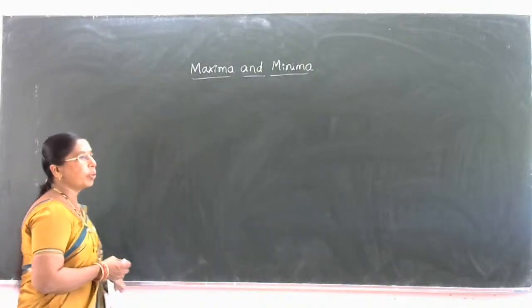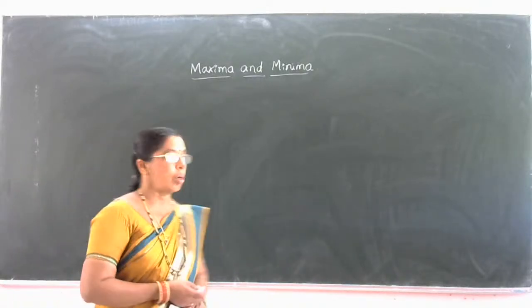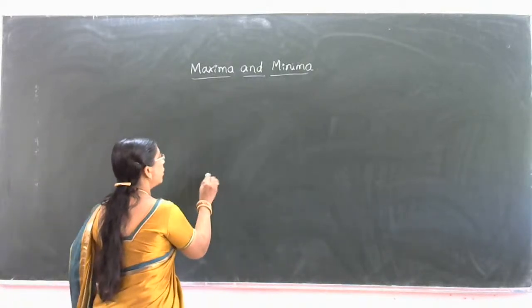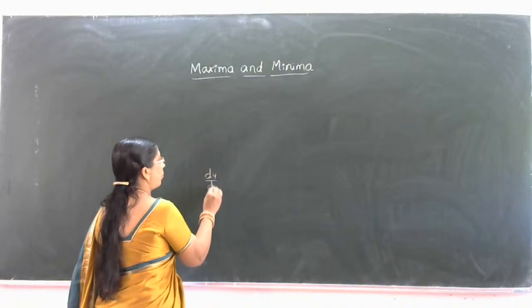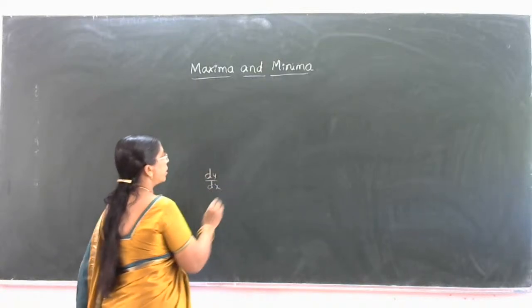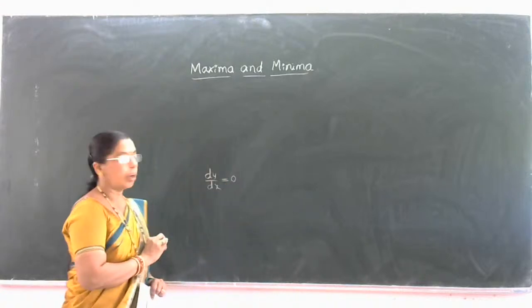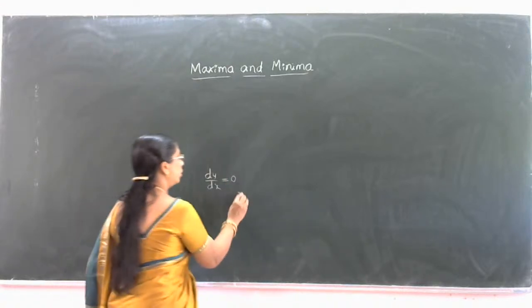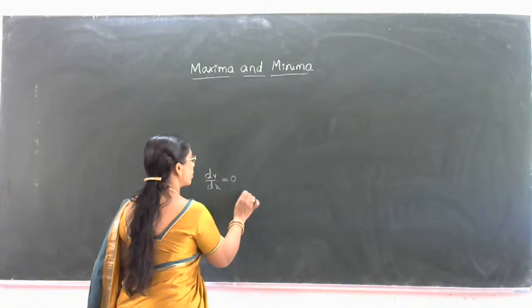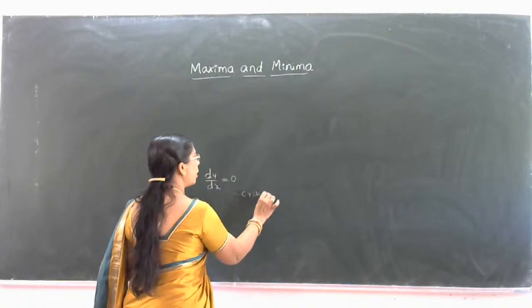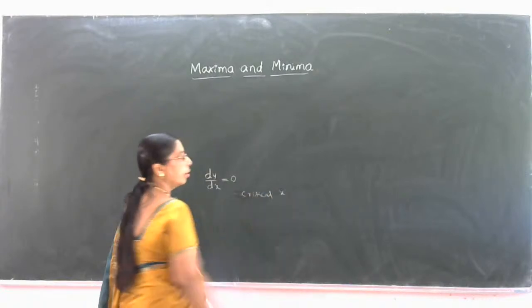You already know about the second derivative test. First, you have to find the derivative of the function dy by dx and equate it with 0 and find the value of critical points x.